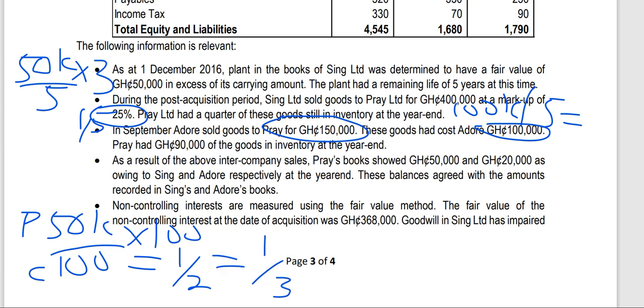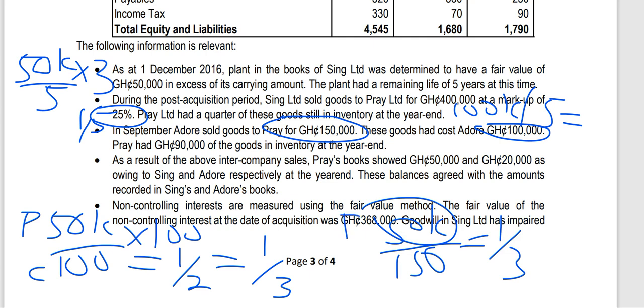1/3. Or you can take 50,000, the profit, as a percentage of selling price, which means 50,000 over 150,000, and it is 1/3. So this is profit as a percentage of selling price. So this is your margin.